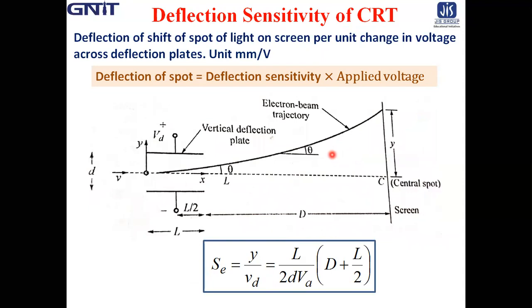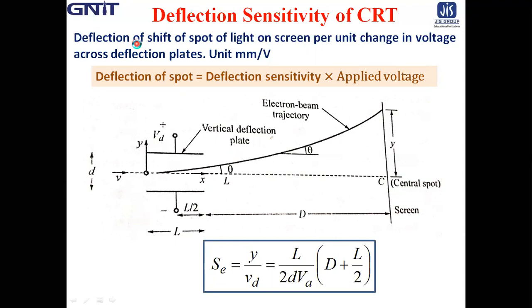Next is the deflection sensitivity of CRT. Deflection sensitivity of CRT is defined as the deflection or shift of the spot of light on the skin per unit change in voltage across the deflection plates.